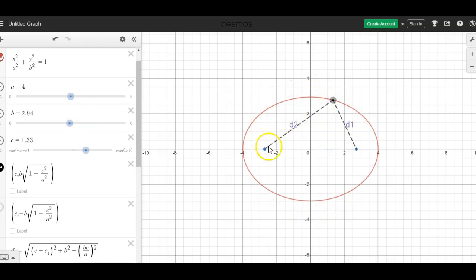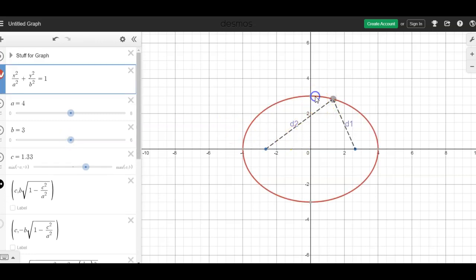But when we have different values in the denominator, let me make this 3. This is called the minor axis because 3 is smaller than 4.